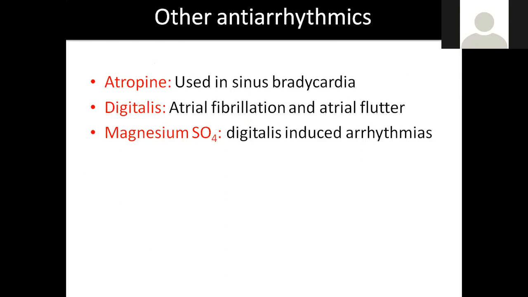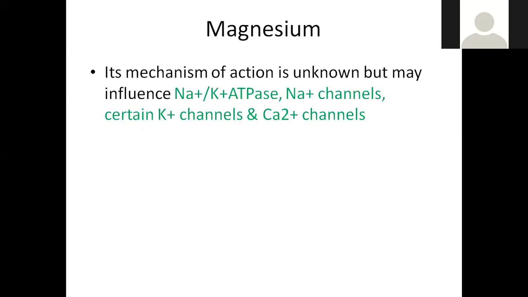Then there are some drugs like atropine, which is used in sinus bradycardia, digitalis, which is used in atrial fibrillation and atrial flutter, and magnesium sulfate, which is used in digitalis induced arrhythmias. The mechanism of action of magnesium is unknown, but it may influence sodium potassium ATPase or sodium, potassium, or calcium channels.